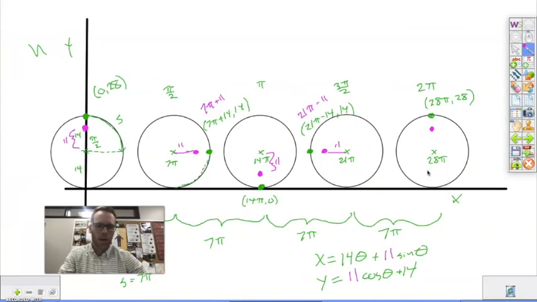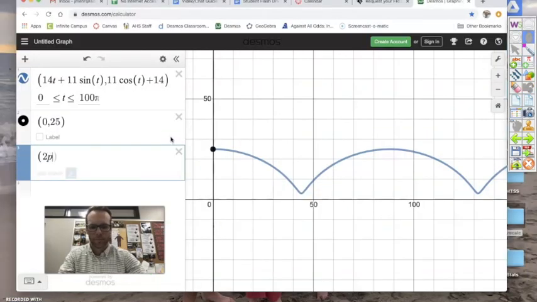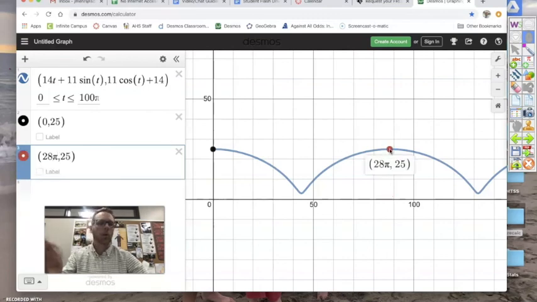We should still have 2 pi, 25. That's not where I was expecting that to be. Oh, it should be 28 pi, 25. That puts us right back to where we started.